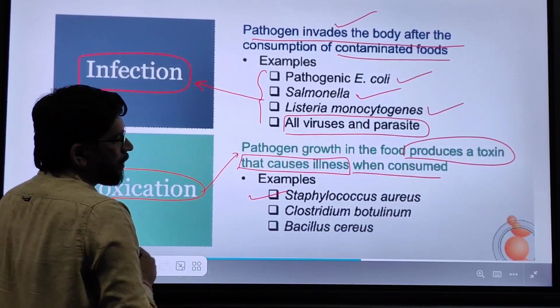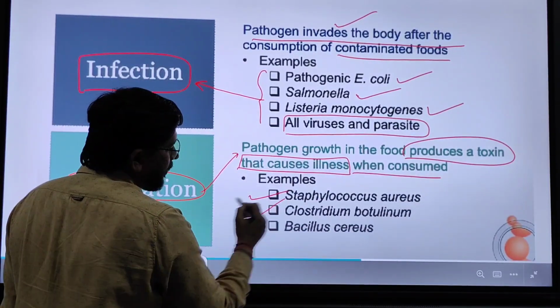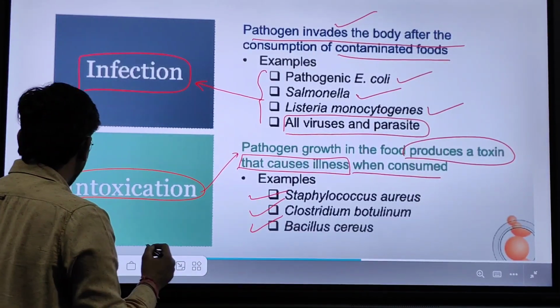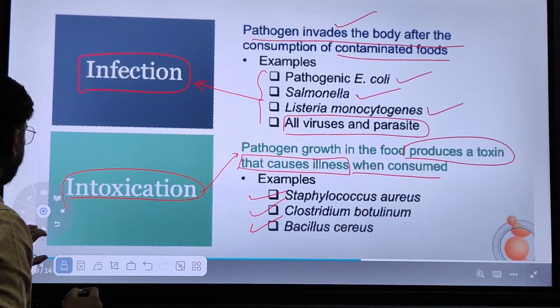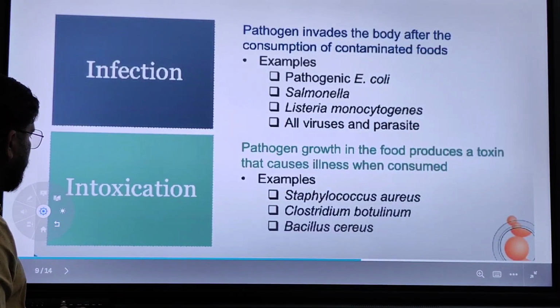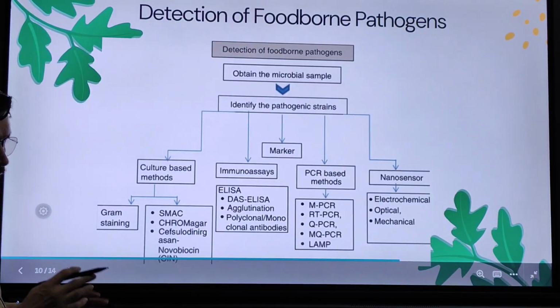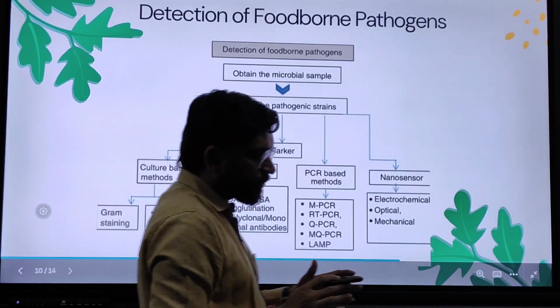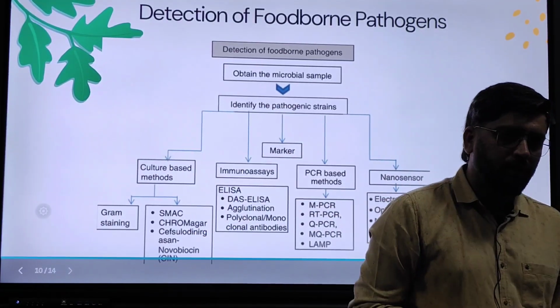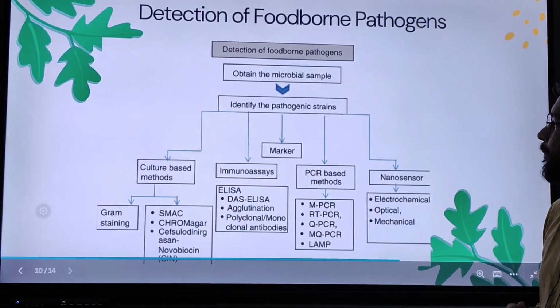Example: Staphylococcus aureus, Clostridium, Bacillus cereus species, etc. Like this, you have different types of microorganisms which are responsible for food spoilage.